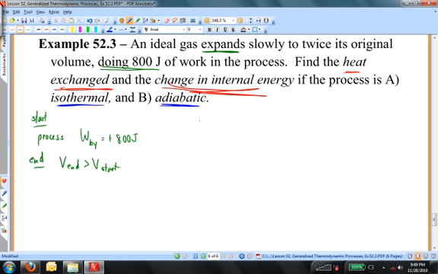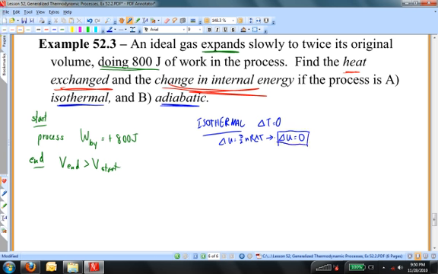So let's start with the isothermal process. If the process is isothermal, then what that means is that delta T is equal to 0. Since delta U is 3/2 times nR delta T, then that means during this process delta U is equal to 0. So there's an answer to one part of the question.